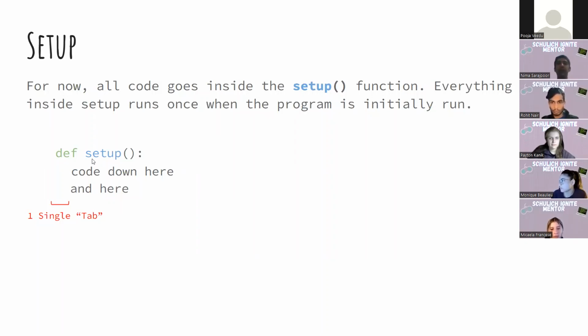But the thing here is that setup is a function that is already written by some people before this session, right? Those people prepared a function setup for us that makes it easier to work with drawing and programming. So you don't need to worry about what setup is.